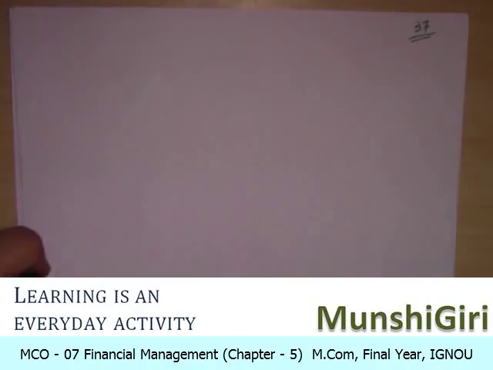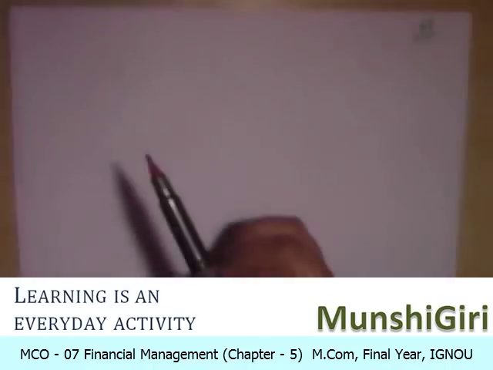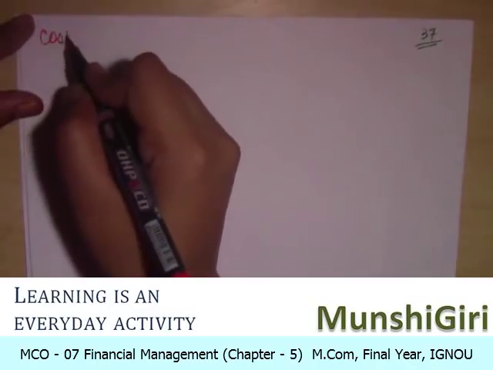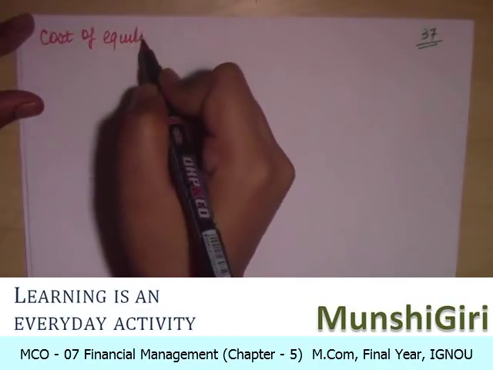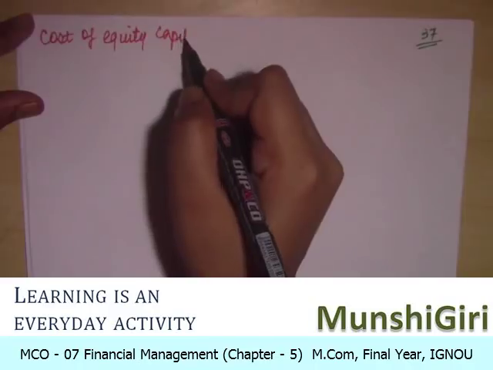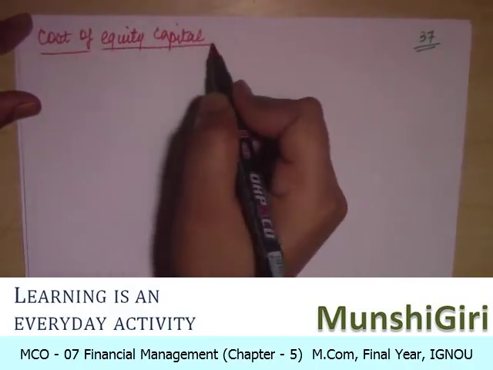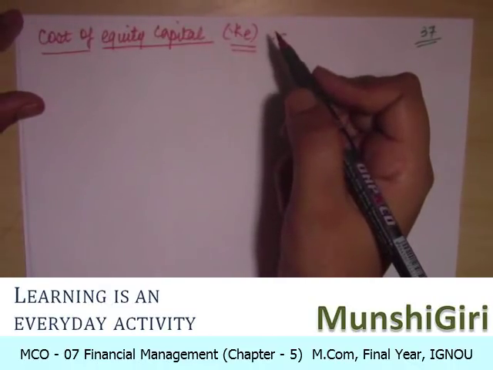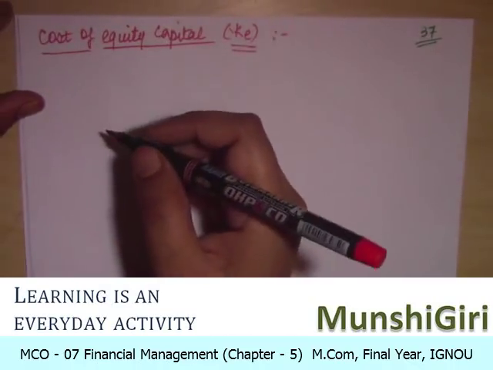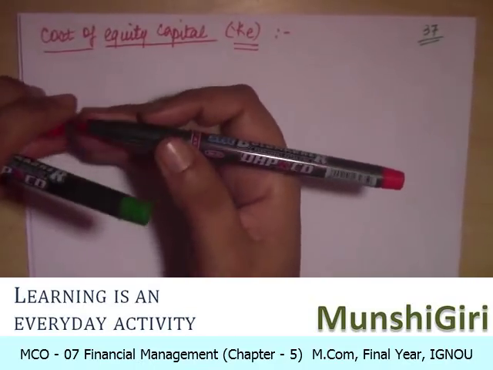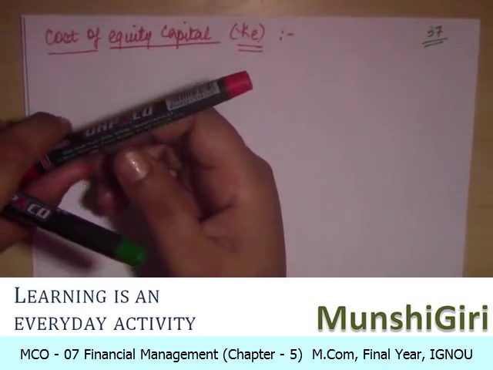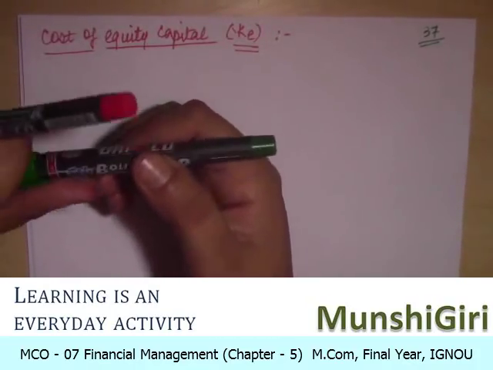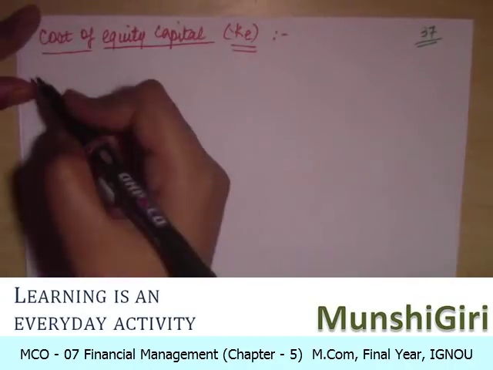Cost of equity capital is represented by KE. Now KE is the discount rate which is equal to the present value of all expected future dividends per share as perceived by the investors. There are various approaches for computation of cost of equity capital.